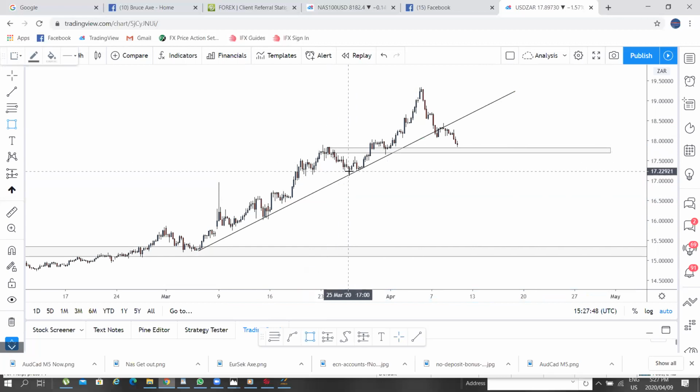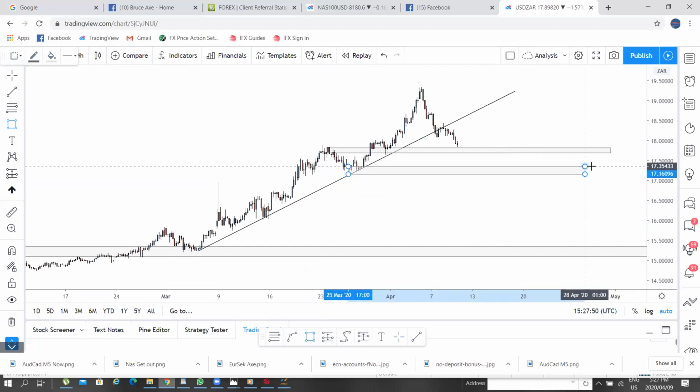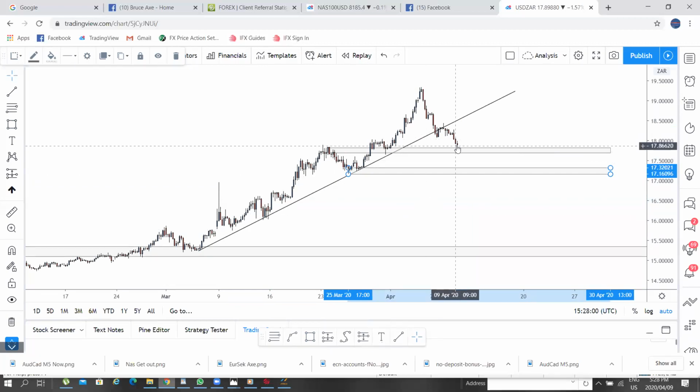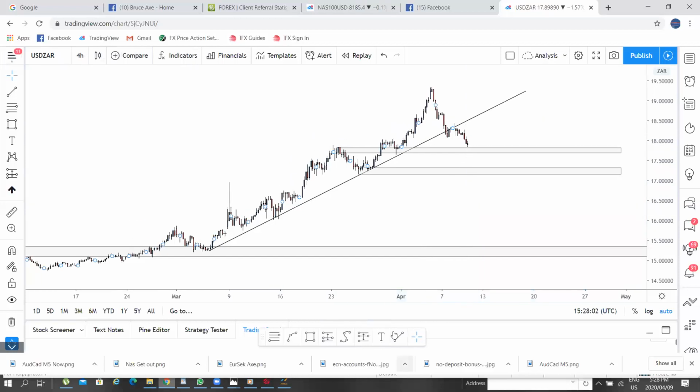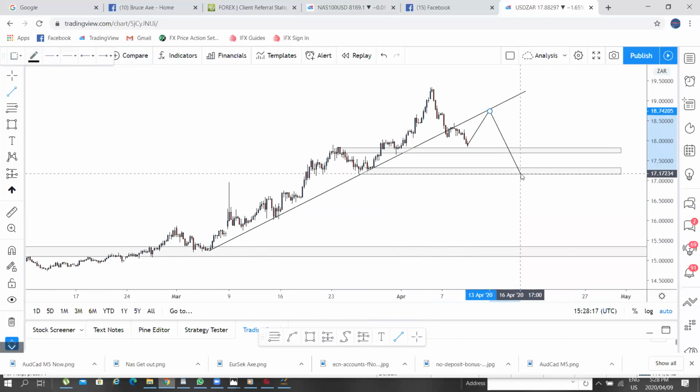We're anticipating that from there, price can either turn here and go up to test there, or we sell it going down.